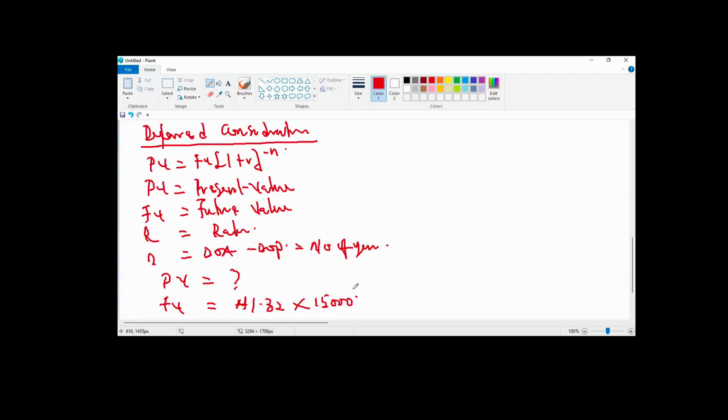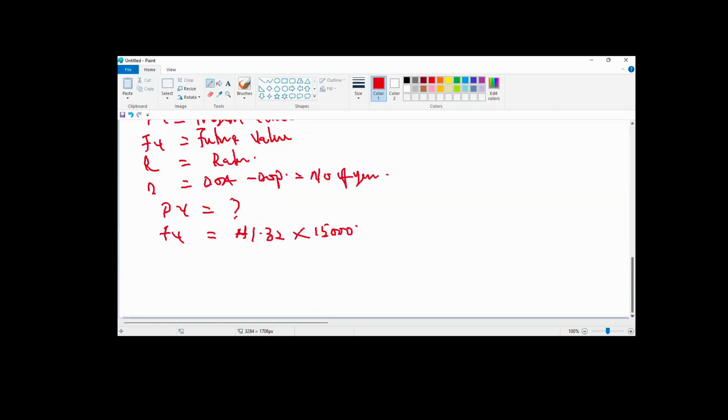It was due to the share exchange that we have 6,000. Then, what is the rate of capital? 10%. Don't forget, 10% can also be written as 0.1.